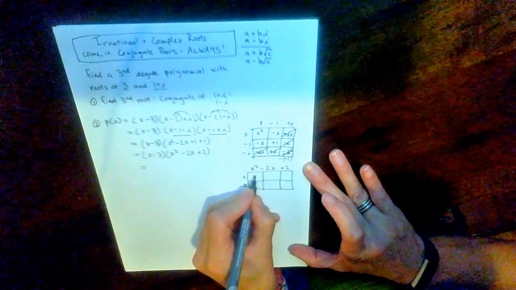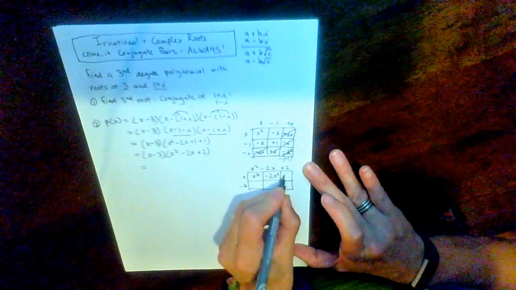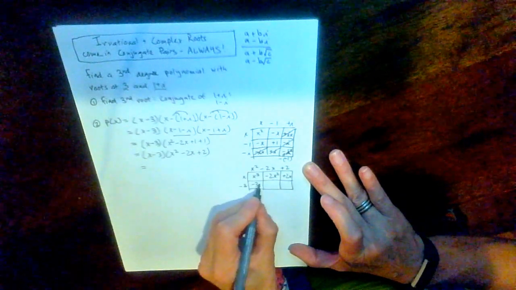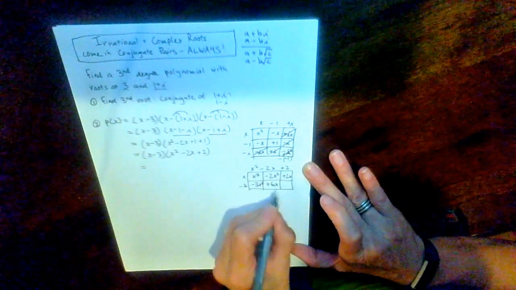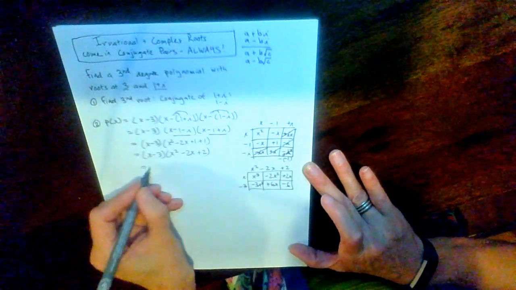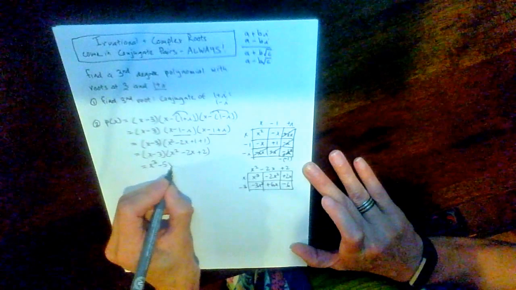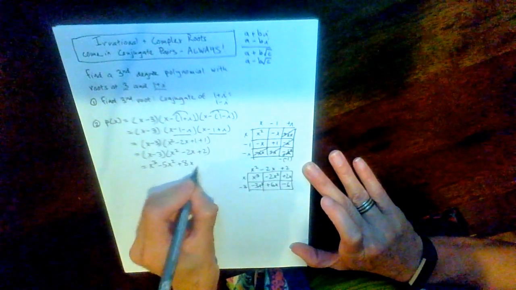And I'll have a cubic, minus 2x squared, plus 2x, minus 3x squared, plus 6x, minus 6. So I have x cubed minus 5x squared plus 8x minus 6. And there's my polynomial.